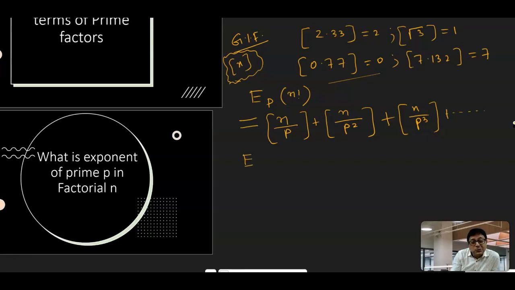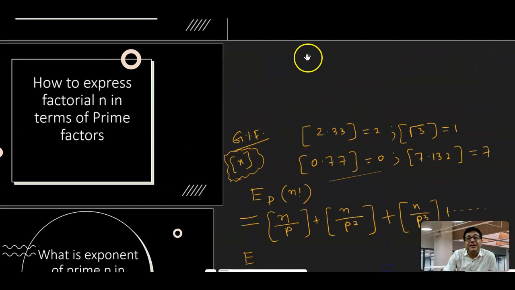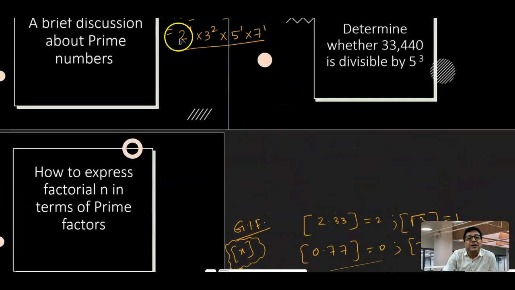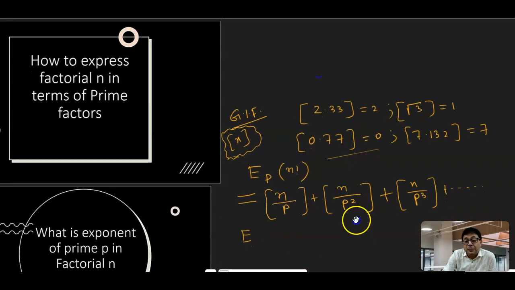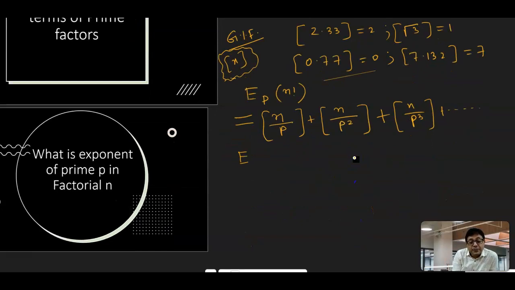Like if we want to find the exponent of prime 2, which we have seen here. The exponent of prime 2 in factorial 7 is 4. We are going to prove it by the formula. Exponent of prime 2 in factorial 7. Here p is 2 and n is 7, that you all can see.